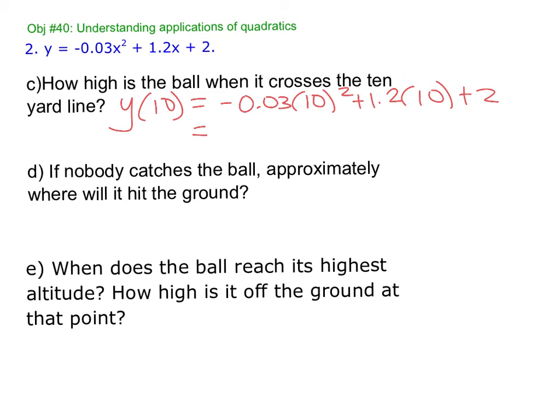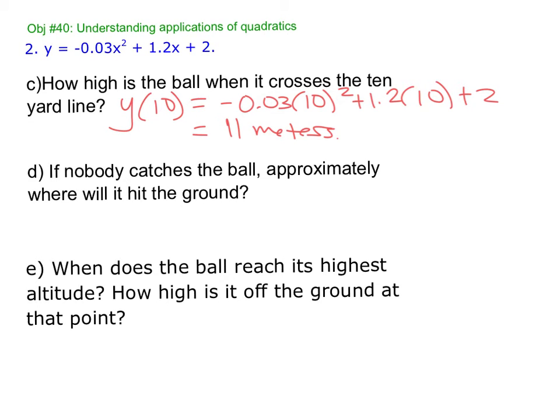I'm not super into football. If it was a basketball problem, I could help, but I got 11. How high? So it's 11 meters. That's pretty high. It's 33 feet.